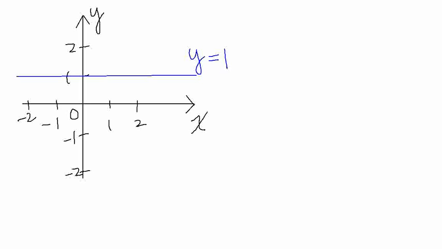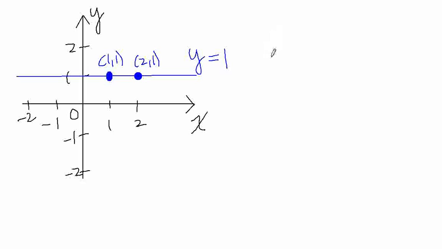Now, by the way, the slope of that line, you can take any 2 points. Let me calculate the slope for 2 points. It doesn't really matter which ones you choose. I'll pick 1, 1 and 2, 1.